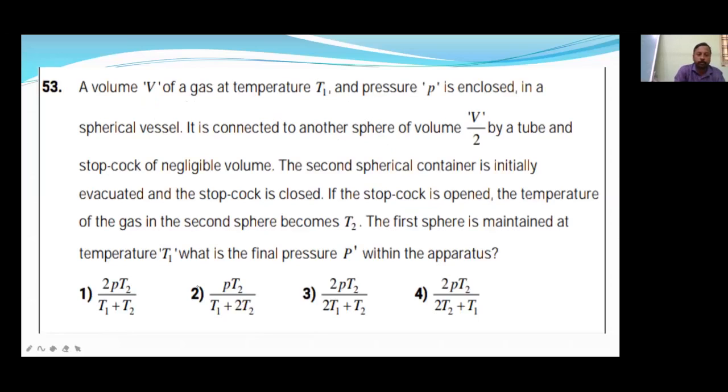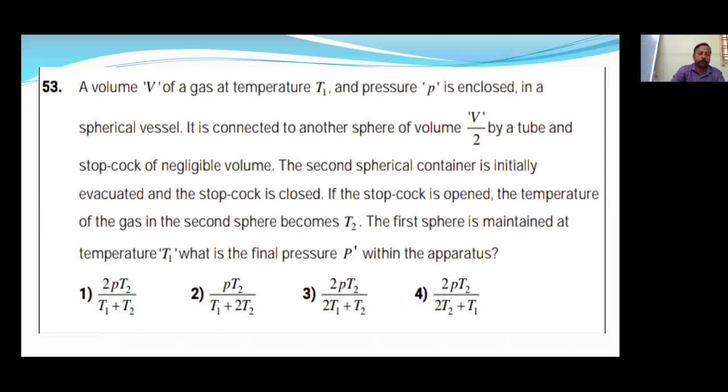So this is the correct answer; option D is correct. See, even after simplifying, the options are very close to each other, so it is difficult to identify the correct answer. This is the solution and answer. Now let's see the next question.